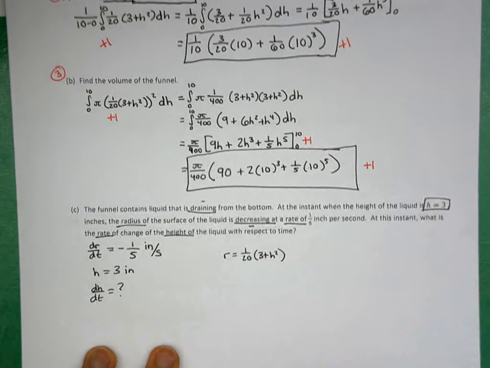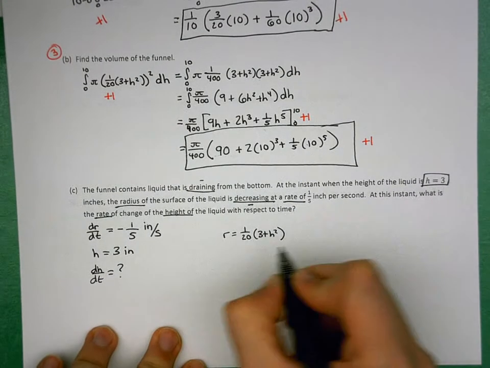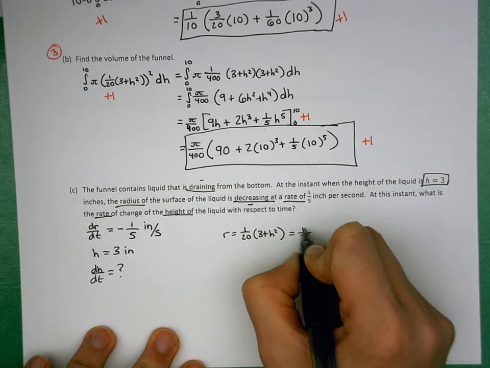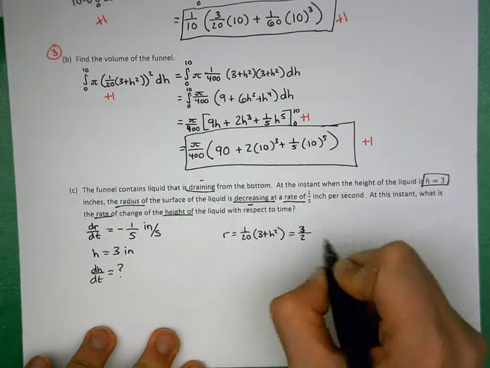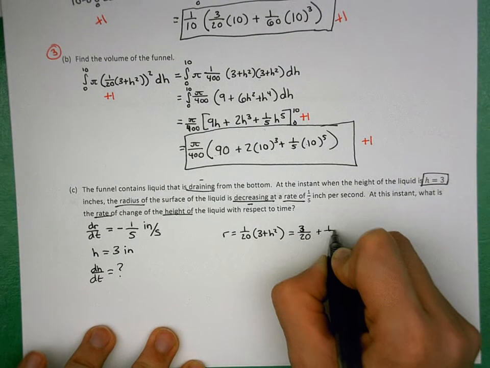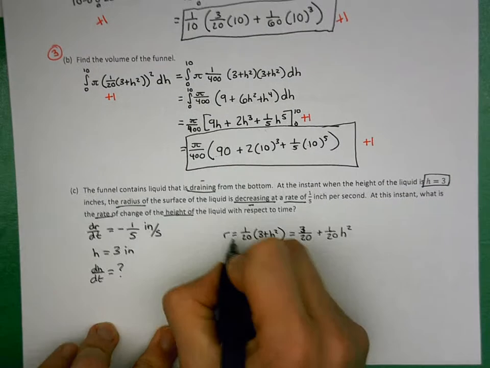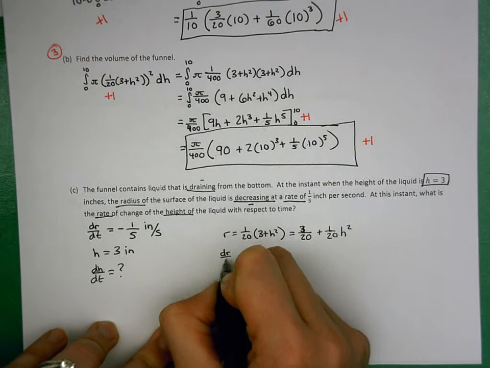Okay, so taking this derivative, actually before I take the derivative, I'm going to go ahead and distribute that 1/20th in. So it'd be 3/20ths, 1/20th times 3 is 3/20ths, and 1/20th h squared. Okay, now I'm going to take the derivative. So derivative of r is dr dt.